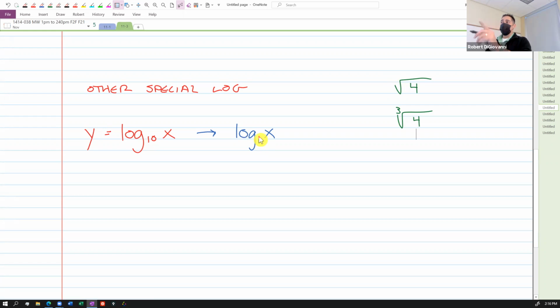If you want it to be e, you won't even use log, you'll use ln. So those are the two that have special notations for them. And most calculators have a key for both log and ln.